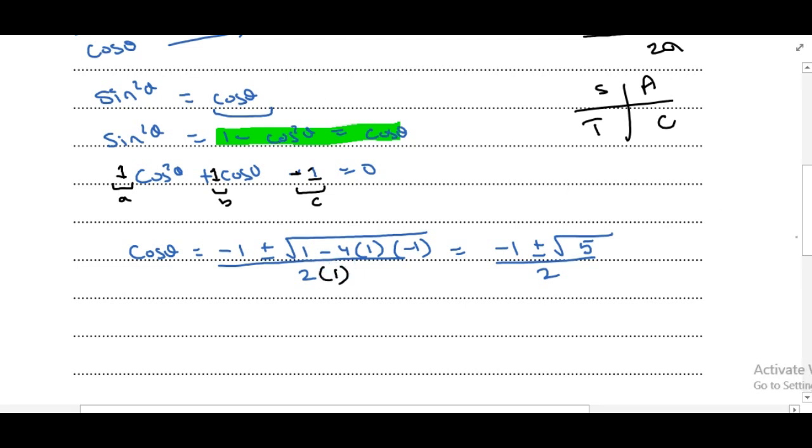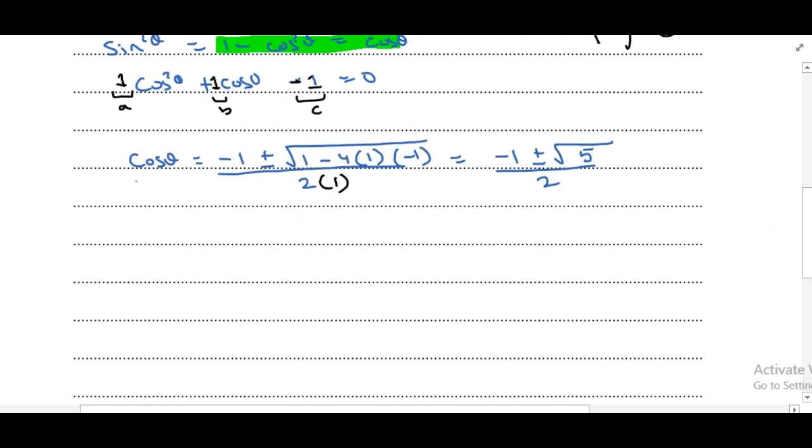Okay, now cos theta either equals minus 1 minus square root of 5 divided by 2, or cos theta equals minus 1 plus square root of 5 divided by 2.